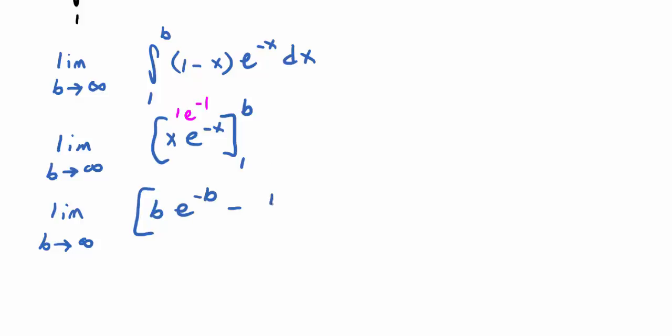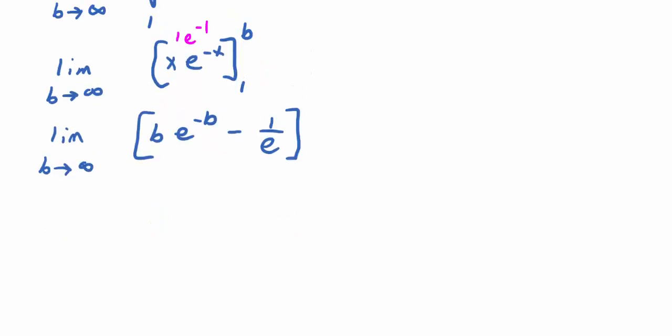That's a nice way to write it. 1 over e is a nice constant. It's not going to affect whether or not this quantity in the brackets converges, right? So let's concentrate on the b e to the negative b. In fact, if it does converge, then there's no reason why we can't write the minus 1 over e on the outside.